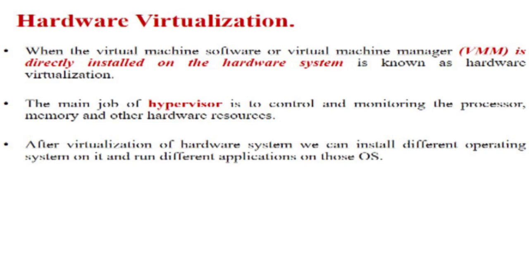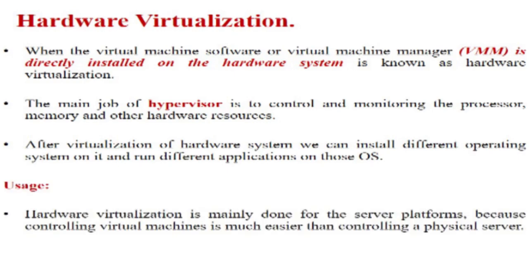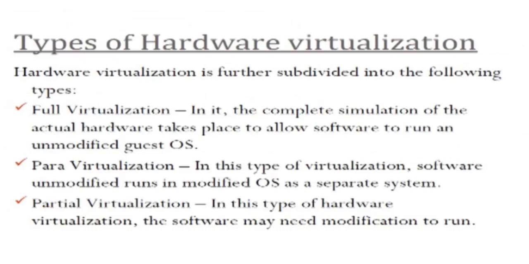After virtualization of the hardware system, we can install different operating systems on it and run different applications on those OS. Usage of hardware virtualization: it is mainly done for server platforms because controlling virtual machines is much easier than controlling a physical server.